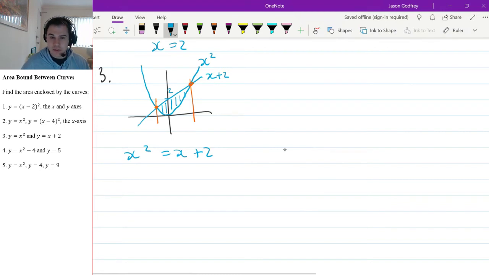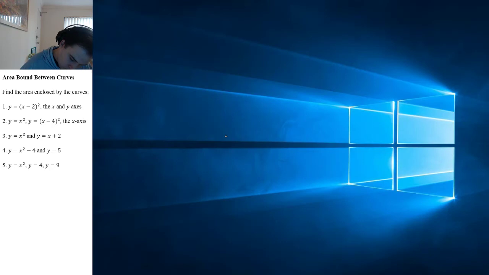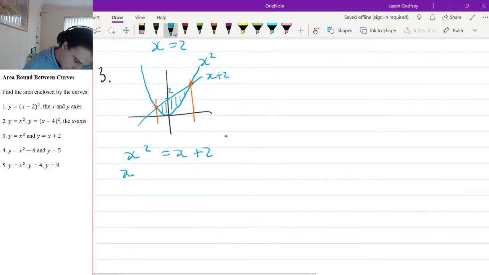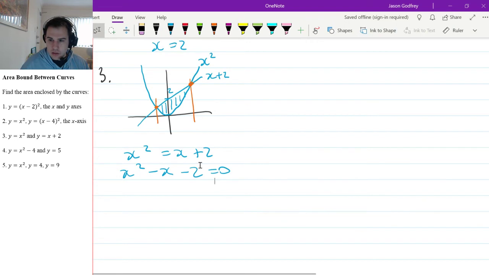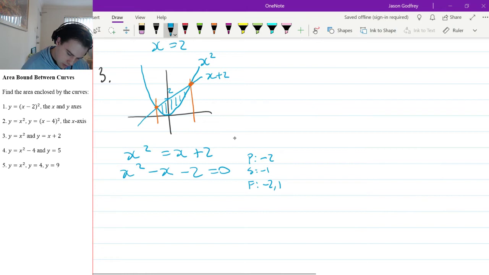Since we've got x squared and x, let's collect everything to one side and make 0 the subject. So minus x from both sides and minus 2. This is fairly easily factorable because you've got a product of negative 2 and a sum of negative 1, so your factors are negative 2 and 1.